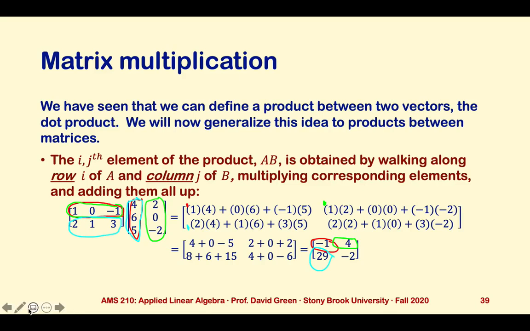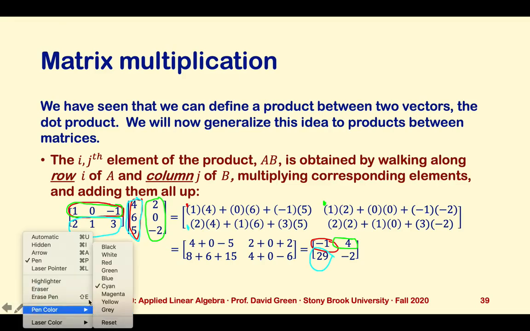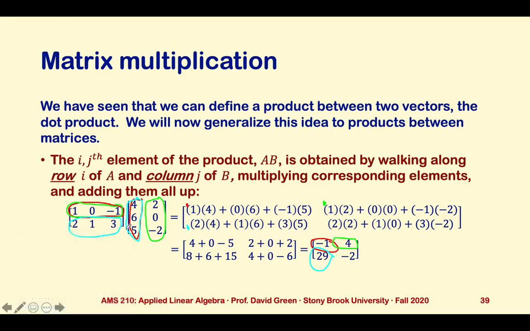One more entry in the product we get by again starting with the second row of A, but now using the second column of B for entry 2,2 in our product. 2 times 2 plus 1 times 0 plus 3 times -2, which is 4 plus 0 plus -6, or -2.